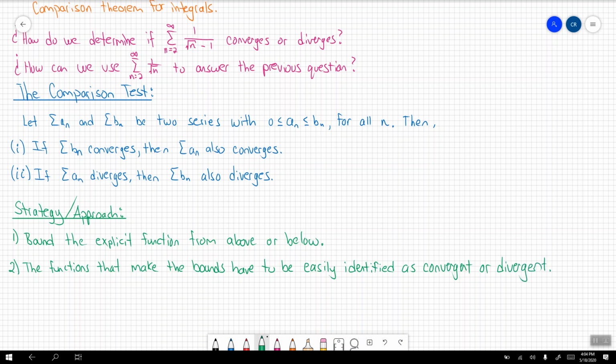Now, what does this mean? Well, this means that whenever we want to identify whether a function converges or diverges using the comparison test, then the functions that we found above and below the initial function that we're looking at, we must be able to determine whether those functions are going to converge or diverge. Typically, we like to use the p-series, harmonic, or geometric.